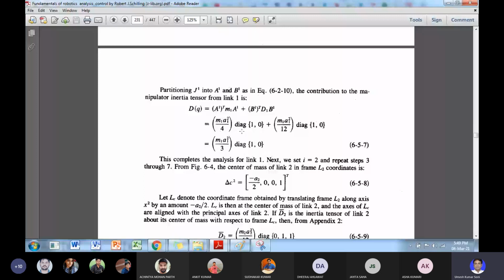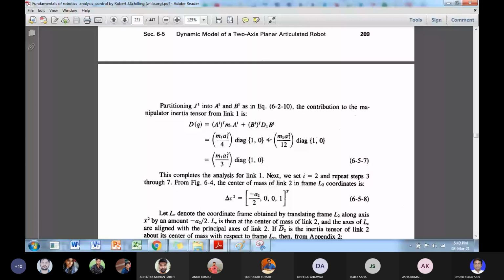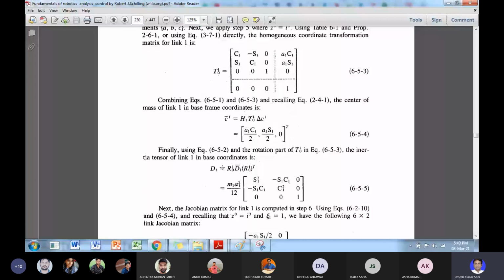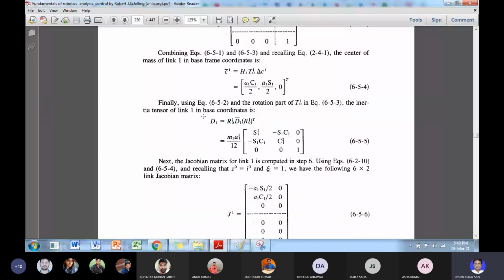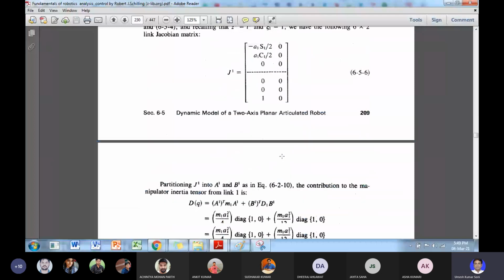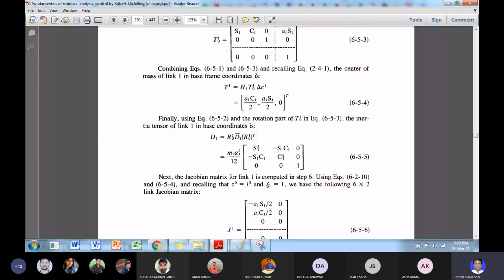Okay, and also we calculate the inertia tensor. Okay, so after calculating the inertia tensor according to the frame K, you can determine the inertia tensor with respect to the base frame using this equation. After calculating this, you have C and D.